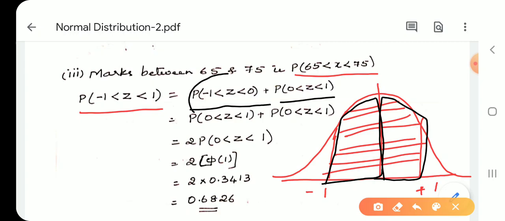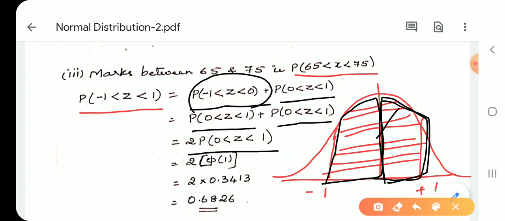Since this is the negative part, I can take the exactly symmetric positive part of it and rewrite it as P of 0 less than z less than 1, and the second term I will write as it is. So both are the same, so we can write it as 2 times P of 0 less than z less than 1, which is nothing but the positive part of this curve here, which is phi of 1. So the answer is 2 times phi of 1.